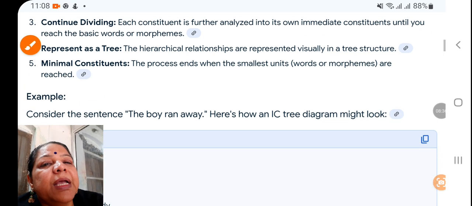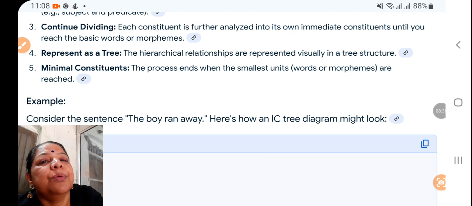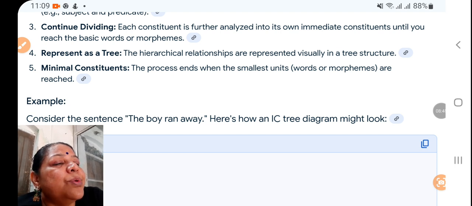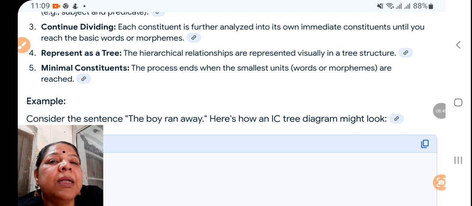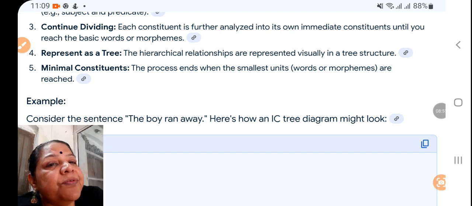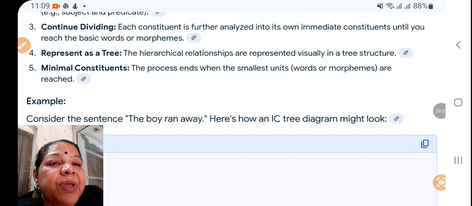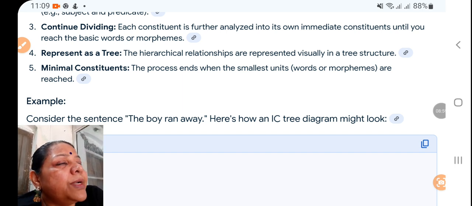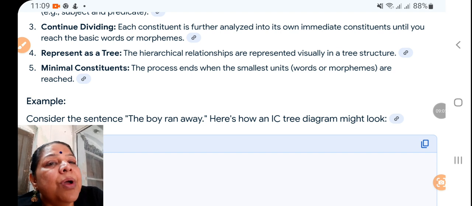Now next is continue dividing. Each constituent is further analyzed into its own immediate constituents until you reach the basic words or morphemes. Please take care. Then the division is carried on up to basic words or morphemes.